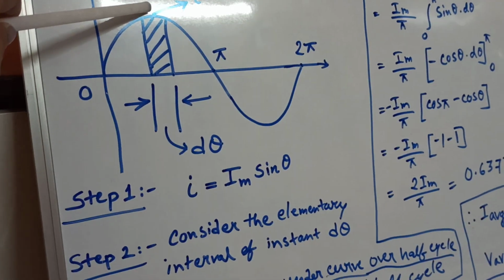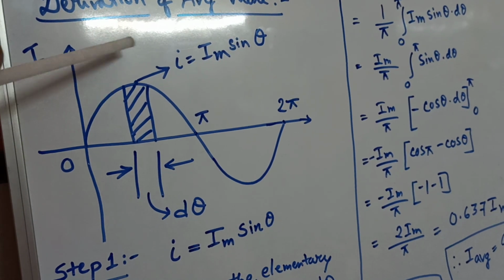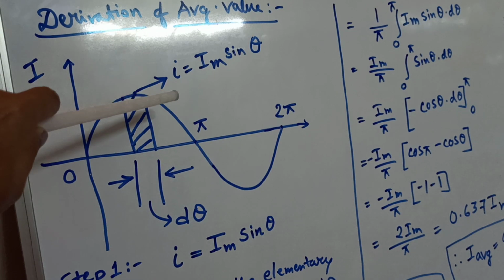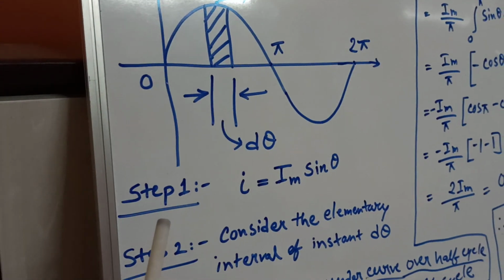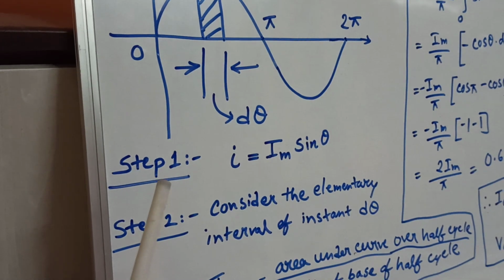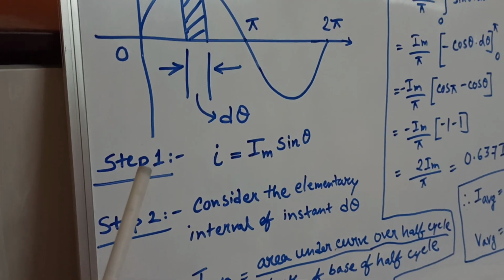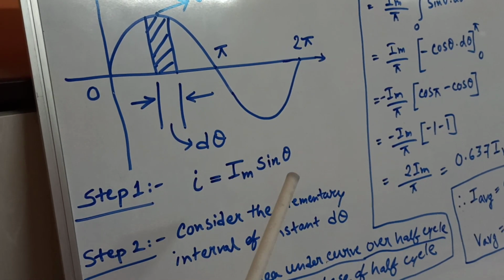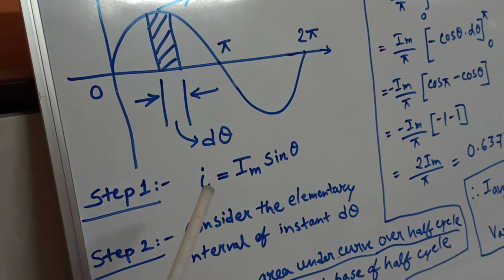This is the peak of the positive half, and the instantaneous value is given by small i equals Im sin theta. So step 1: I am considering a sinusoidal varying current given by i equals Im sin theta. All of us know this expression very well.